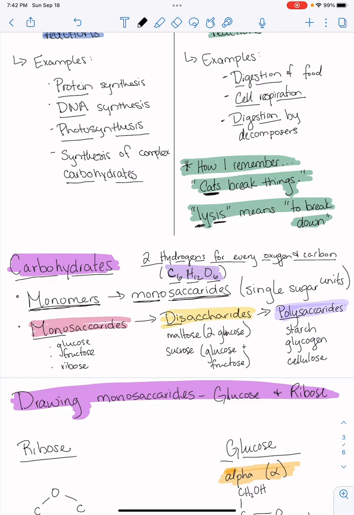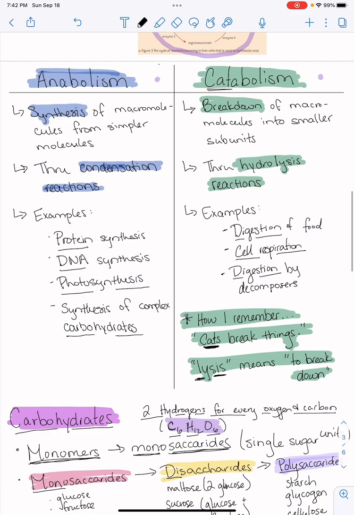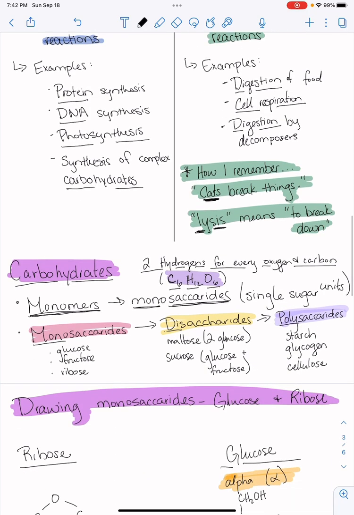And when monosaccharides go through condensation reactions, they can become disaccharides, di meaning 2 sugars. Some examples of disaccharides are maltose, which is 2 glucose molecules that have bonded, and sucrose, which is a glucose and a fructose bound together.